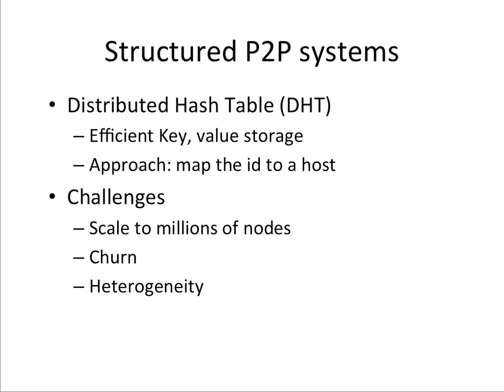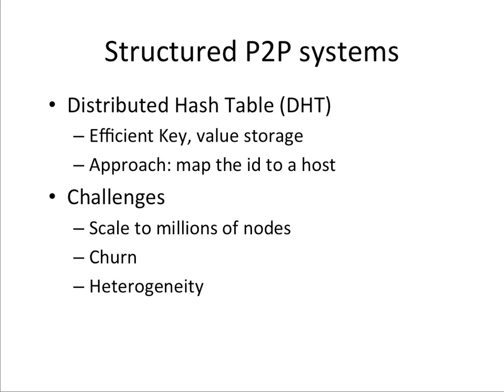Distributed hash tables build on that same idea. The difference is we're going to have a bunch of machines, let's say hundreds of machines, and each machine is going to be responsible for a certain part of the key space.